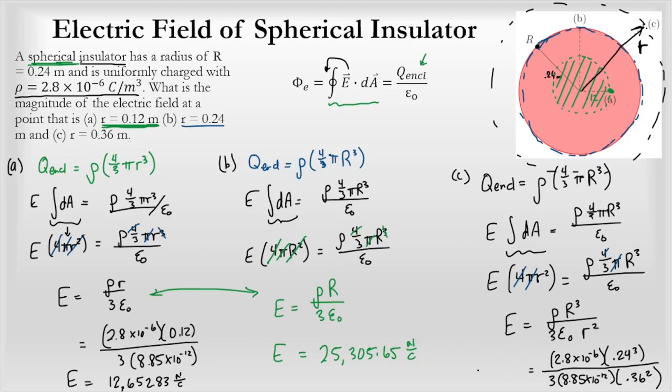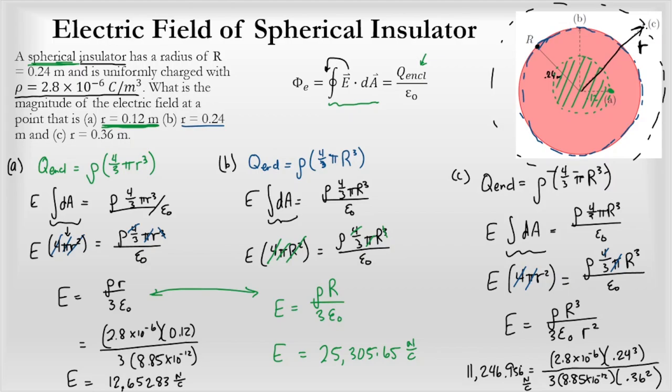And when you run that through the calculator, you should get, it's decreasing overall outside of that sphere. As you get farther away from the sphere, it'll get smaller and smaller from that 25,000 value. It's 11,246 and some change, 0.956 newtons per coulomb, volts per meter, whatever you want to put in there.